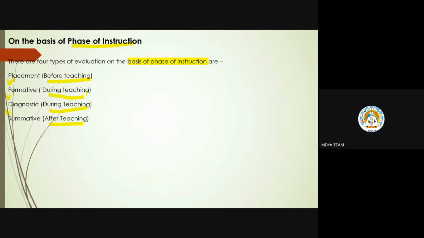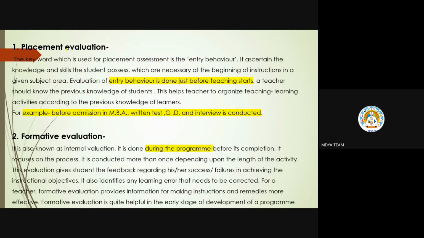Okay, so now placement evaluation. Placement evaluation is done before the teaching. The keyword which is used for placement assessment is entry behavior. Like before entering into any course, any class, the assessment that they are taking will come under the placement evaluation.